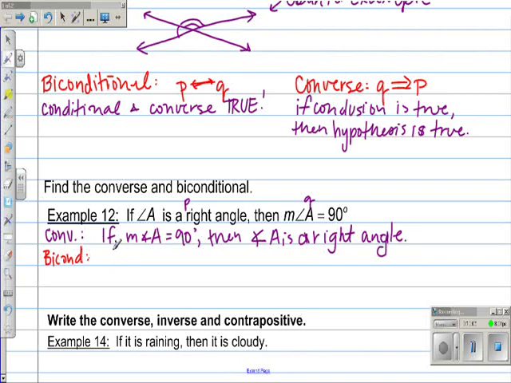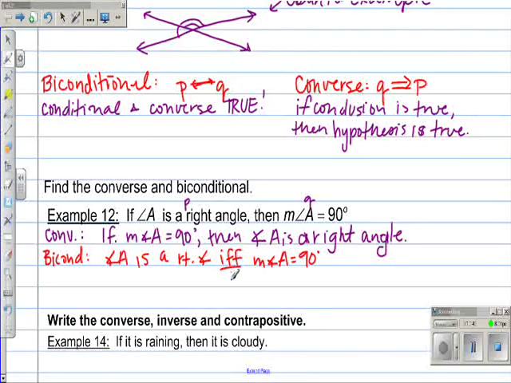and a biconditional says, when the measure of angle A equals 90, then angle A is a right angle, and if angle A is a right angle, then it's 90. The biconditional just says, angle A is a right angle if and only if, which I can just write as IFF, again that means if and only if the measure of angle A equals 90 degrees.